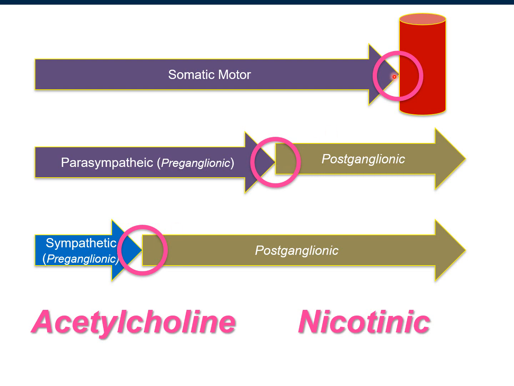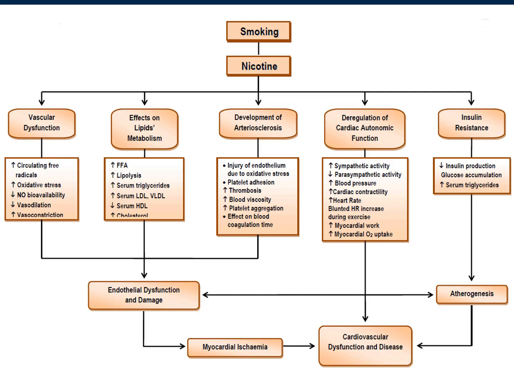So that's one thing they all have in common, is that the first synapse, and this is true even in the adrenal gland. In the adrenal gland, you have a neuron going to the adrenal cortex, actually the adrenal medulla, my fault. And in the adrenal medulla, that's also a cholinergic situation with nicotinic receptors.